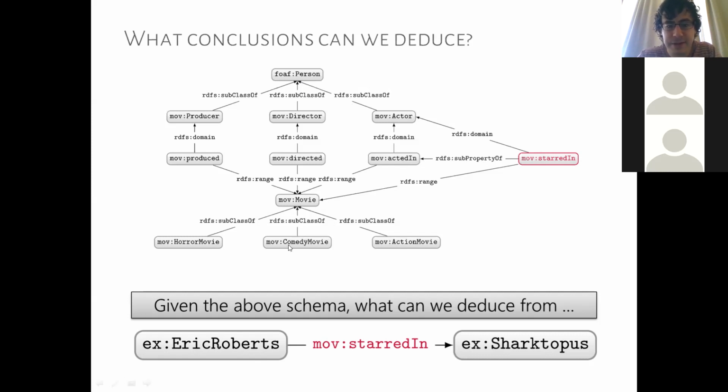Anything else of interest? Essentially, that would be everything, except that we can also deduce a number of other things. We can deduce more trivial sorts of entailments, like that every class is a subclass of itself, every property is a subproperty of itself, all these sorts of things.